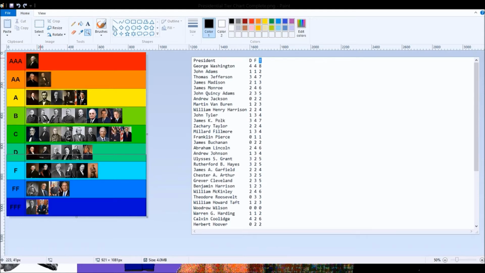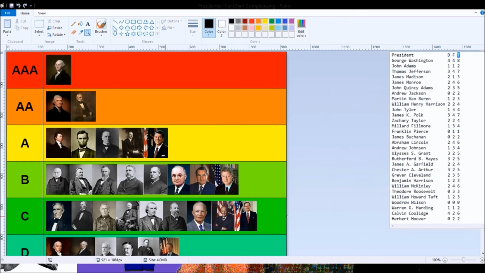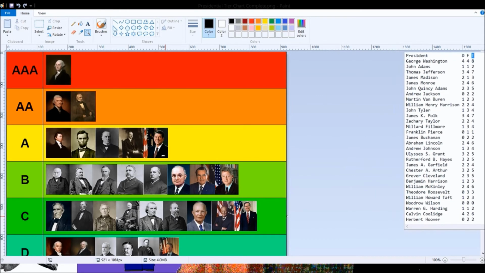So the first one, George Washington, gets, let me zoom in here, a AAA rating. And you may ask, how so? Why does George Washington receive a AAA rating? Well, he's got a 4 in domestic policy and a 4 in foreign policy.